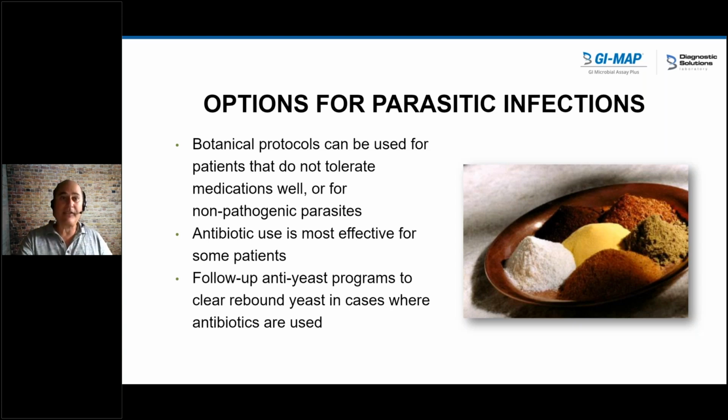So next item here is botanicals, and then how you're actually going to treat. I guess there's a couple ways to think about it. One is that, let's say the person has an infection, a parasitic infection would be sort of the classic one. Then by definition, just because of the infection, they're going to have a leaky gut.